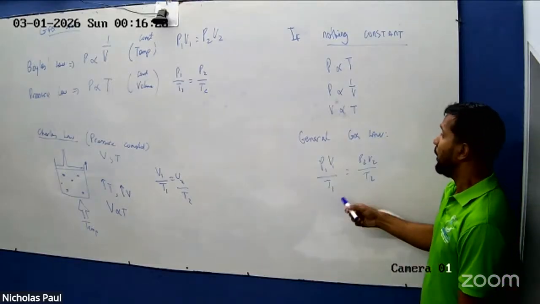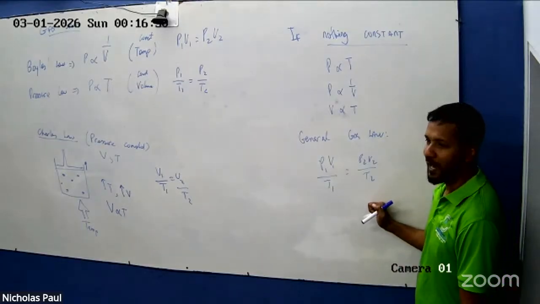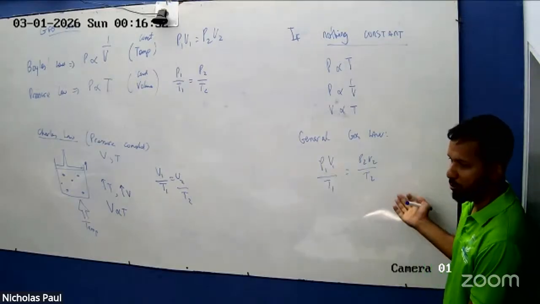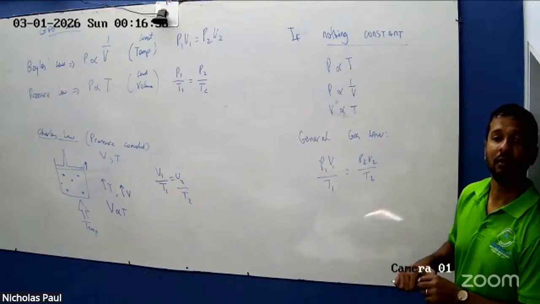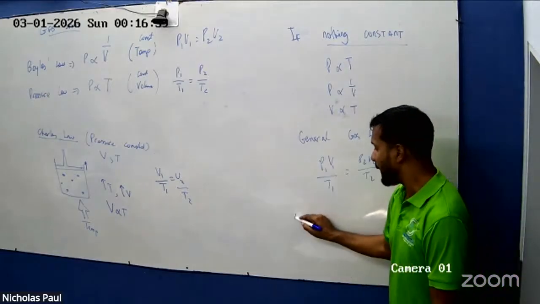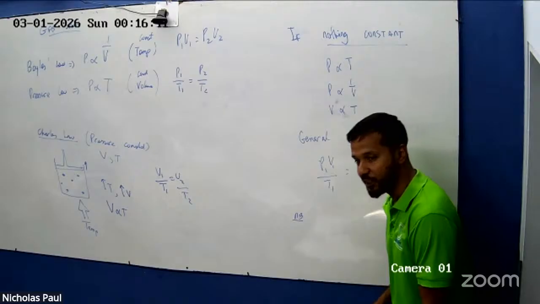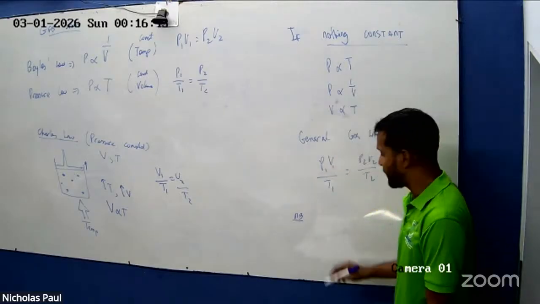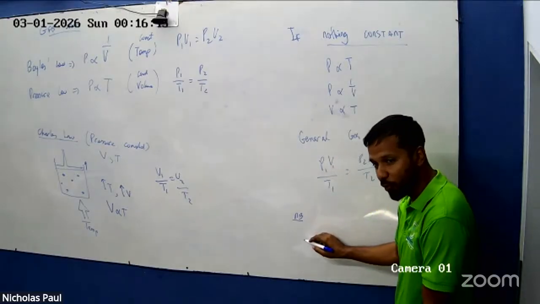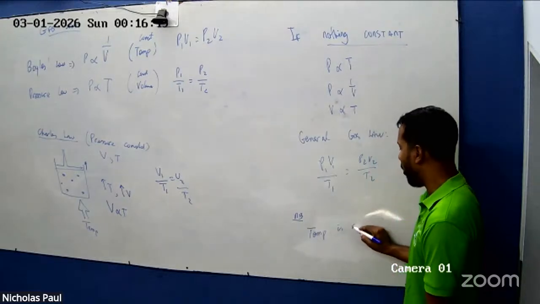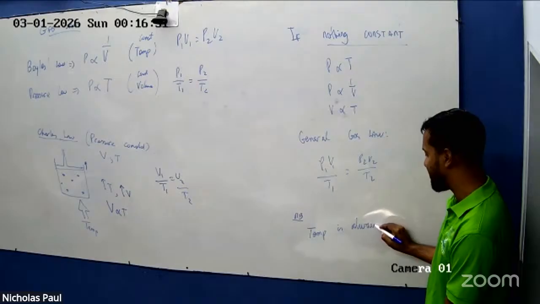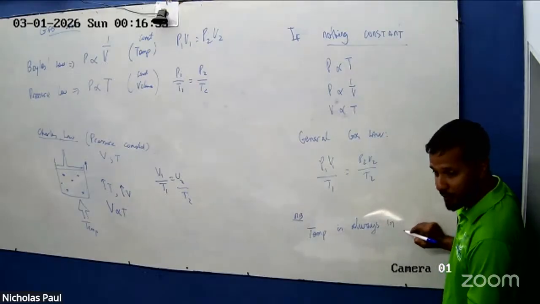So this is called the general gas law. When you're using this, nothing is constant. All right? And there's one more thing I want you to notice. Don't be on your phone. Temperature is always in Kelvin.